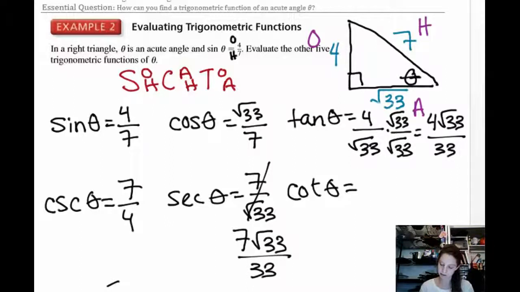And then the cotangent is radical 33 over 4. See, I could just flip the original tangent before I rationalized the denominator, because that moved the radical sign to the numerator. Okay, so I have evaluated all 5, in fact 6 trigonometric ratios, and I've made sure to rationalize the denominator.